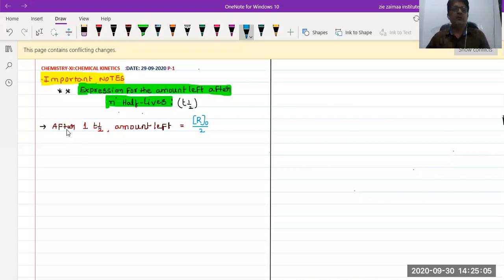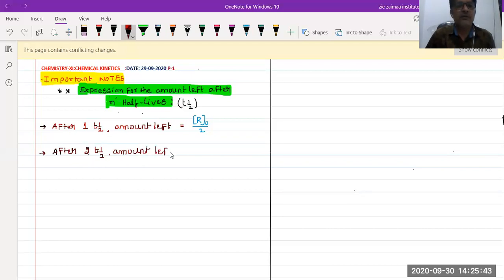Okay, beta, so listen to me. After one half life, how much amount is left should be identified with this formula: R naught by 2, where R naught is the concentration of the reactant at zero time, that is the initial concentration of reactants. Next, after two half lives, means 2 T R, how much amount is left?